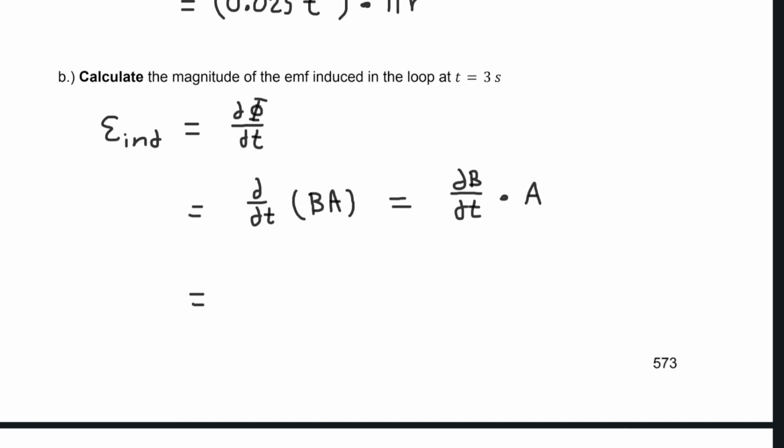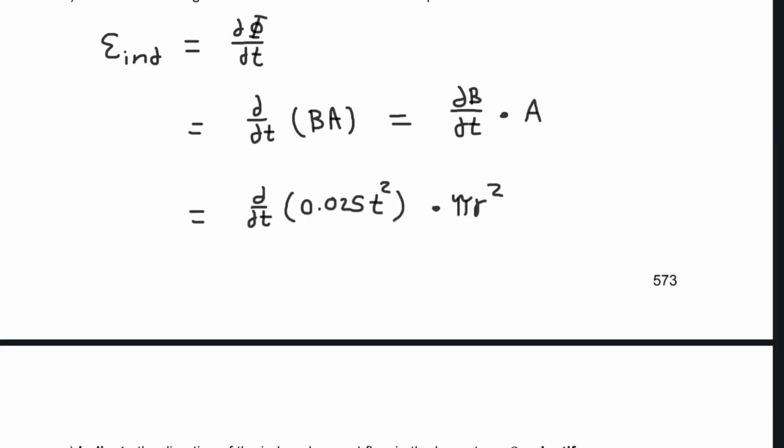So we're just taking the derivative of 0.025 t squared and multiplying by the area of pi r squared. Which would be equal to 0.05 t times pi r squared.